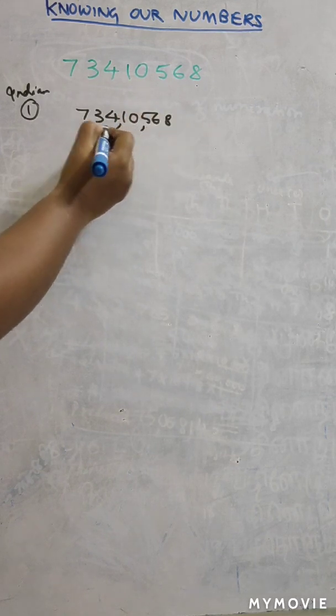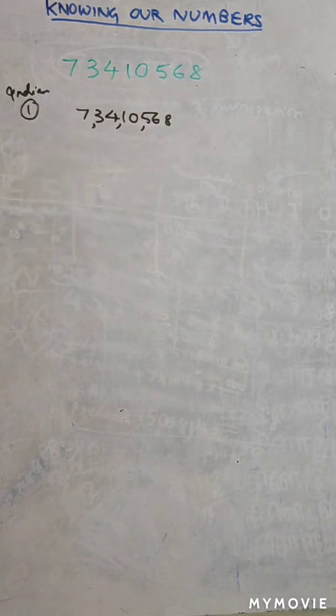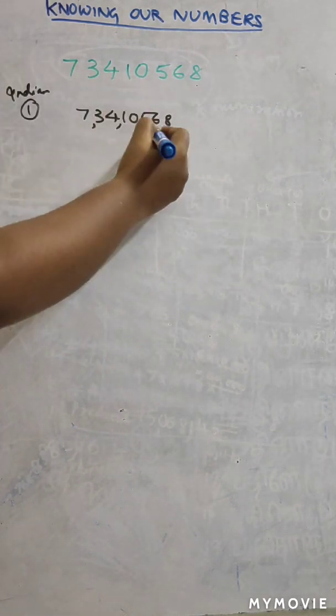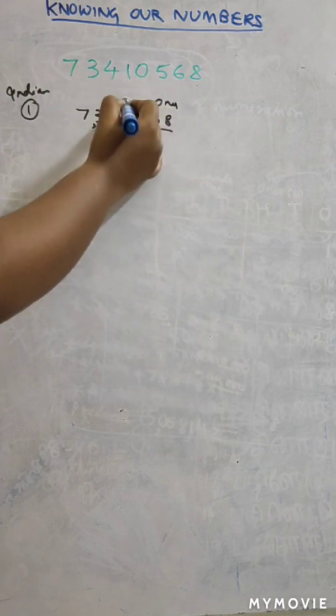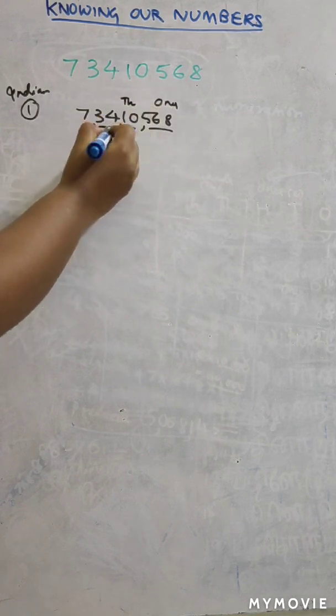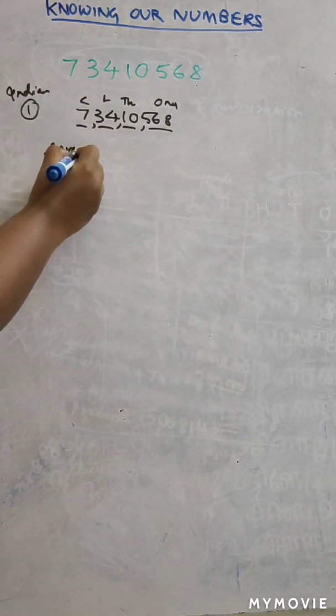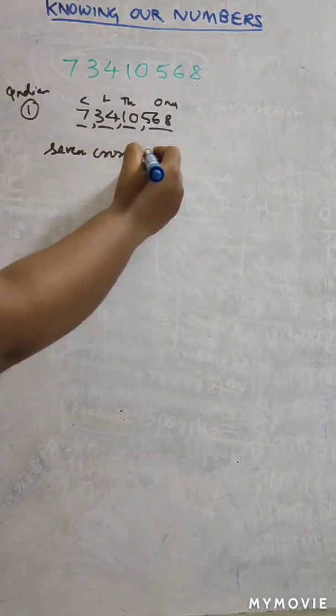So that is how I will write the number and put the commas. I'll write the periods on the top from the right, so that it will be easy for us to write the numbers. From the right, the last 3 is the ones period, then the thousands, then the lakhs, and finally the crores period.